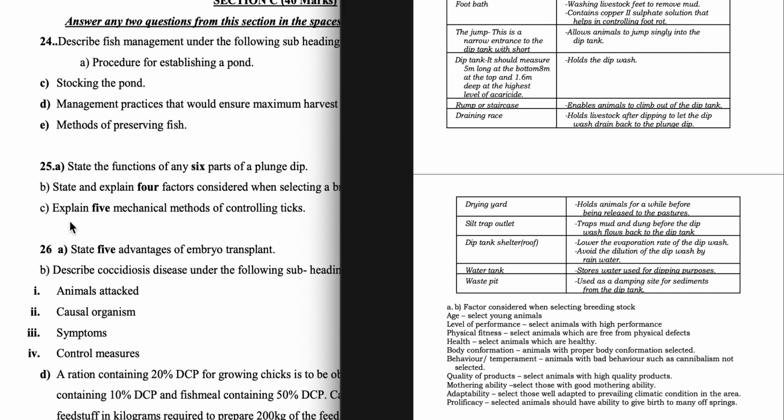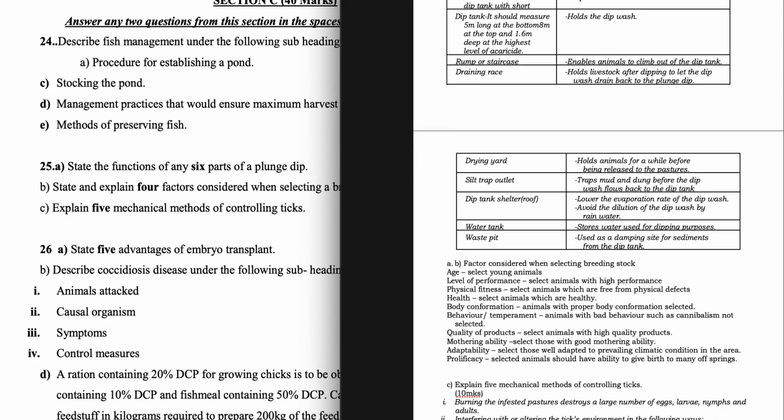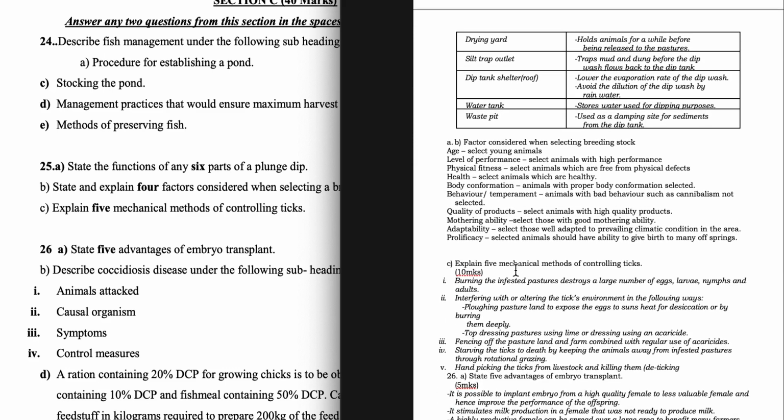Question 25c. Explain 5 mechanical methods of controlling ticks. So the mechanical methods for controlling ticks are: number 1 is burning the infested pastures, which destroys a large number of eggs, larvae, nymphs, and adults. Interfering with or altering the tick's environment in the following ways: by plowing pasture land to expose the eggs to the sun's heat for desiccation, or by burying them deeply.